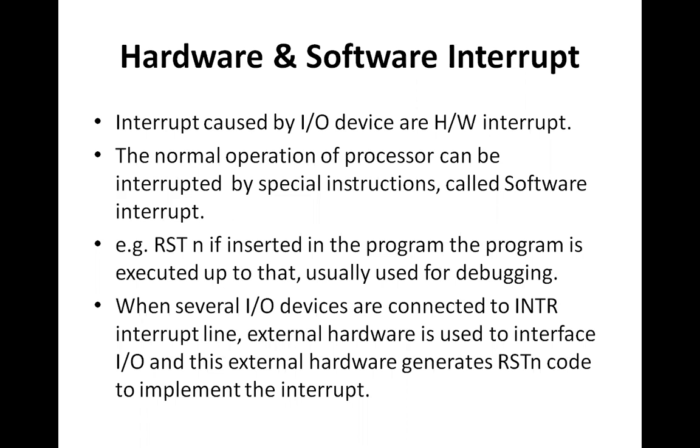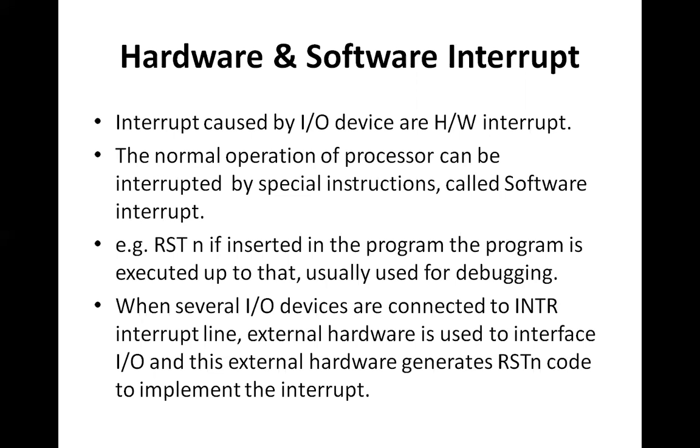Such type of interrupt is called software interrupt, in which we will be using special instructions to interrupt the processing of the processor. So hardware interrupt is that interrupt which is caused by an input-output device, and software interrupts are those interrupts which are caused by writing an instruction.